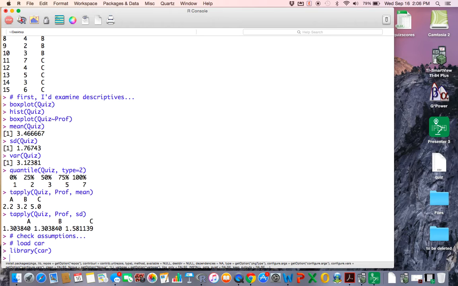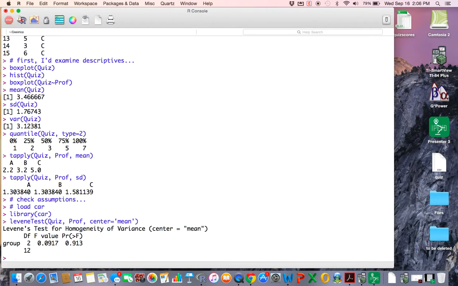Now, it's really cool. Once we do that, we can just do what's called the Levene test, and we want our dependent variable across the group, and we want to use center equal mean. Now, when I do that, right off the bat we kind of get tunnel vision and look at the p-value.